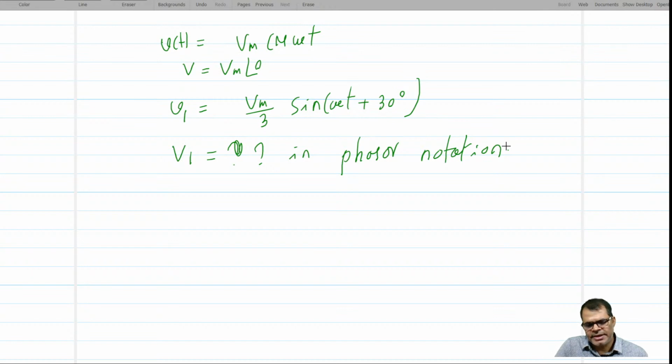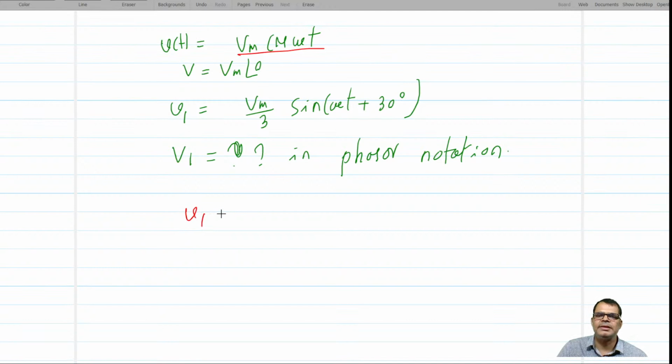So start doing it, and you should strive to do this by looking at the reference. Reference, you should have a cos term here. So I'll start here.